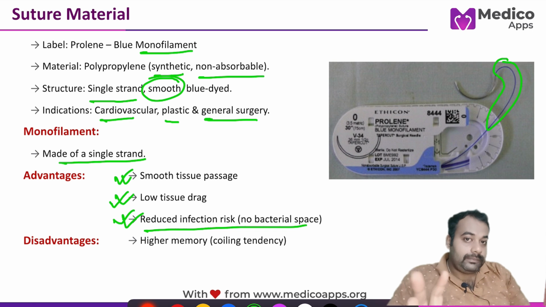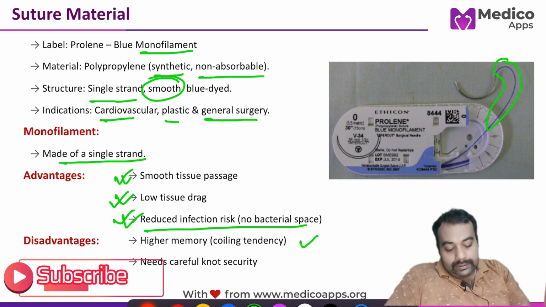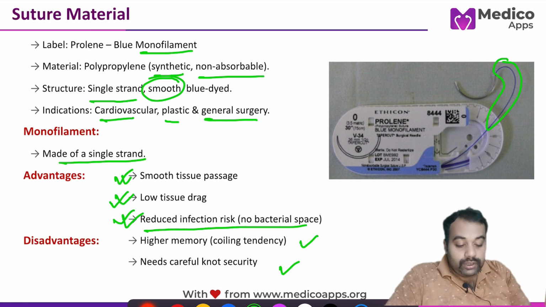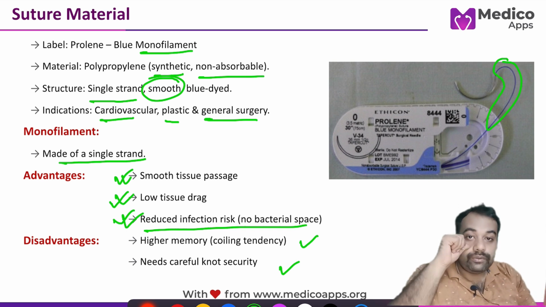As a result, a little struggle is needed initially to handle this suture. The next thing is that it needs careful knot security, so we incorporate multiple knots while applying it, to get a secure suture.